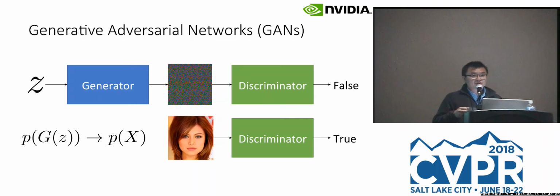And you also have a discriminator whose job is to differentiate whether the image is coming from the generator or from the real images. By setting up a zero-sum game played by the generator and discriminator, and by using alternating gradient update steps, eventually the distribution of the fake images will approximate the distribution of real images.